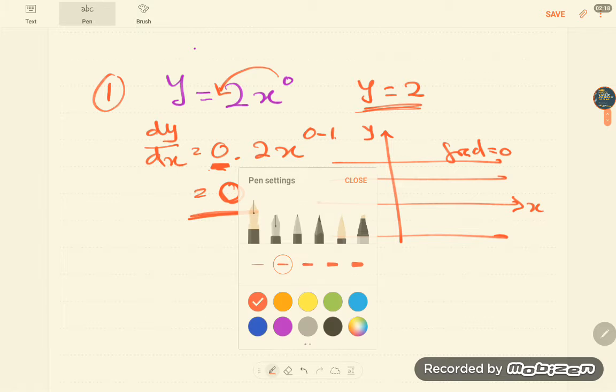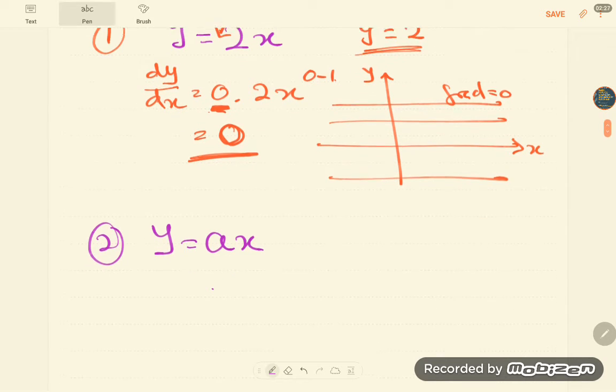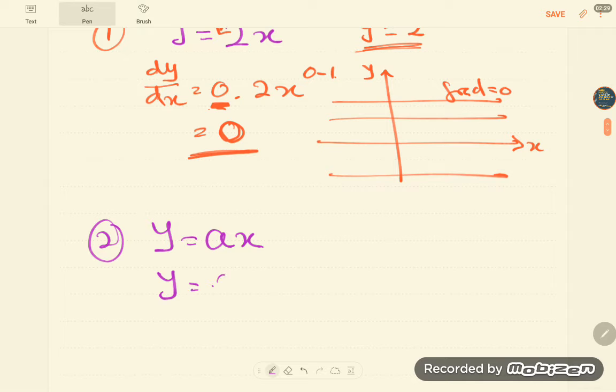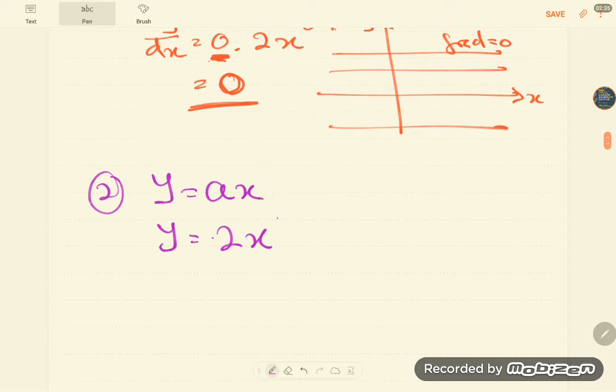Now the second thing that I want you to take note of is when you have y equals a constant times x. An example being y equals 2x. We've actually experienced this before in the other videos, but I'll still bring it out here. So as long as your power is 1, our dy/dx is always going to be, first procedure, bring the 1 down, 2x to the power 1 minus 1.